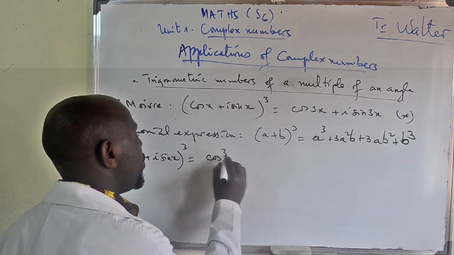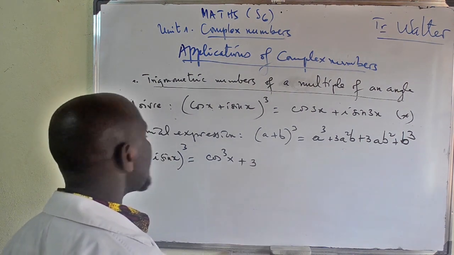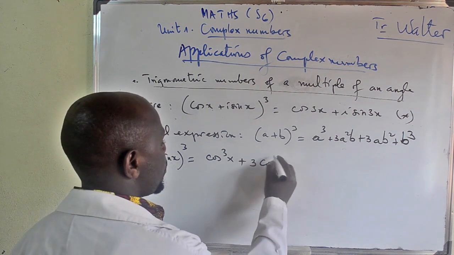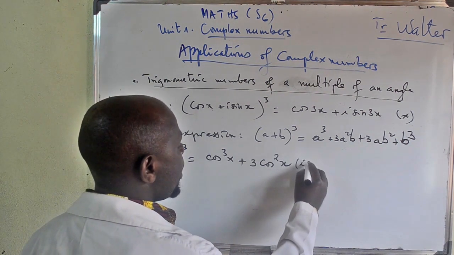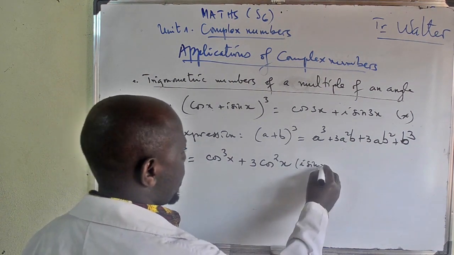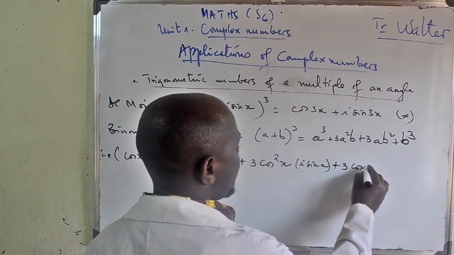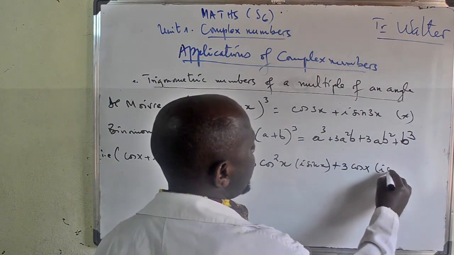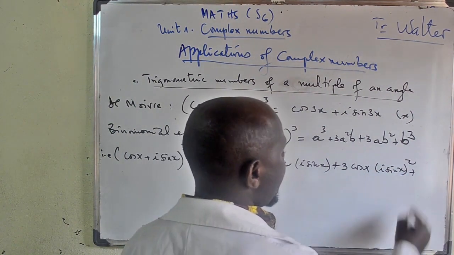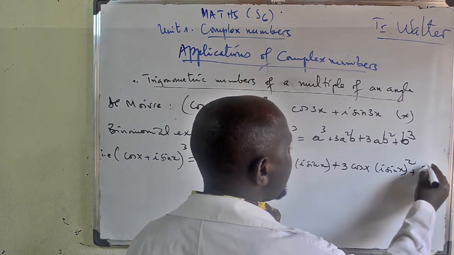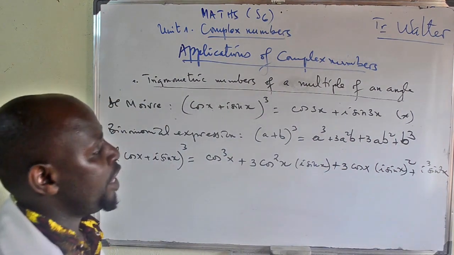This is cos cubed x plus, ladies and gentlemen, 3 cos squared x times i sine x plus 3 cos x times i sine x squared, plus finally i cubed sine cubed x. This is what we shall find.